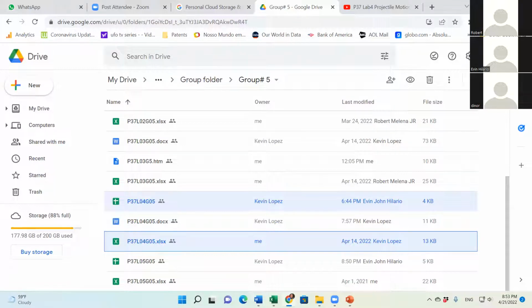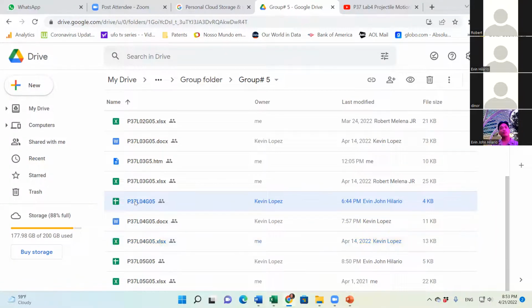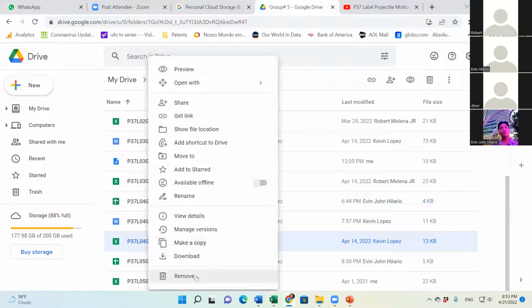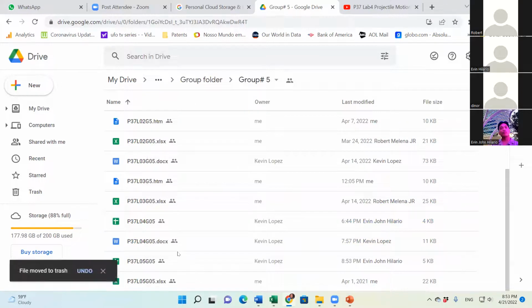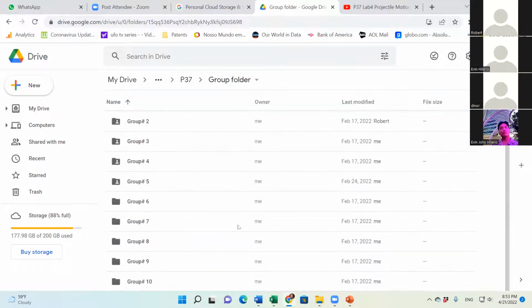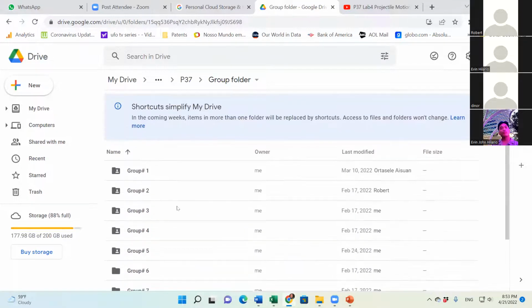Hello, group 5, Evan and Kevin. I believe it's the one on top. Okay, you want me to correct this one? Yes. Can I delete this one here? Yes. Okay. Group 5. Okay, there's no group 6.